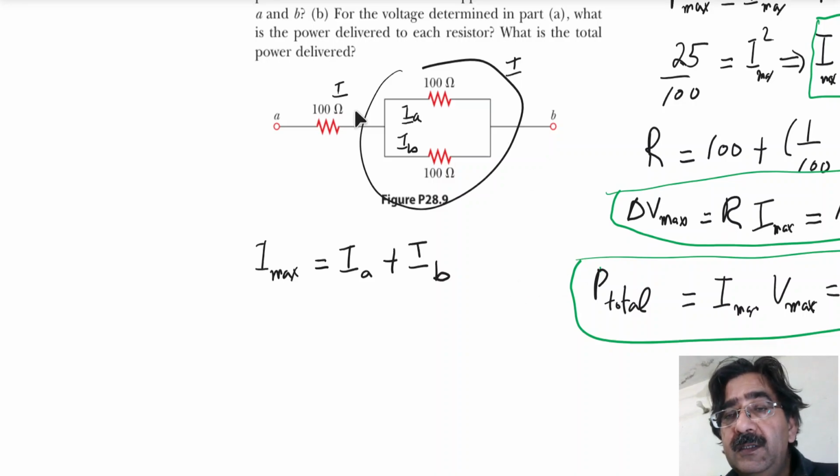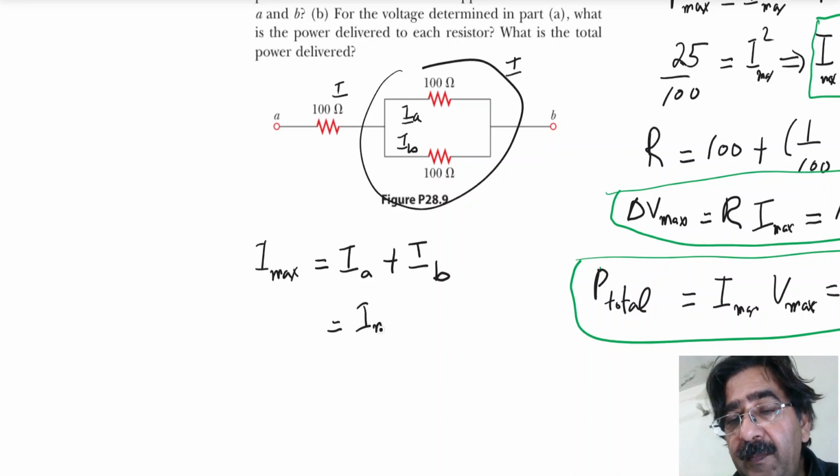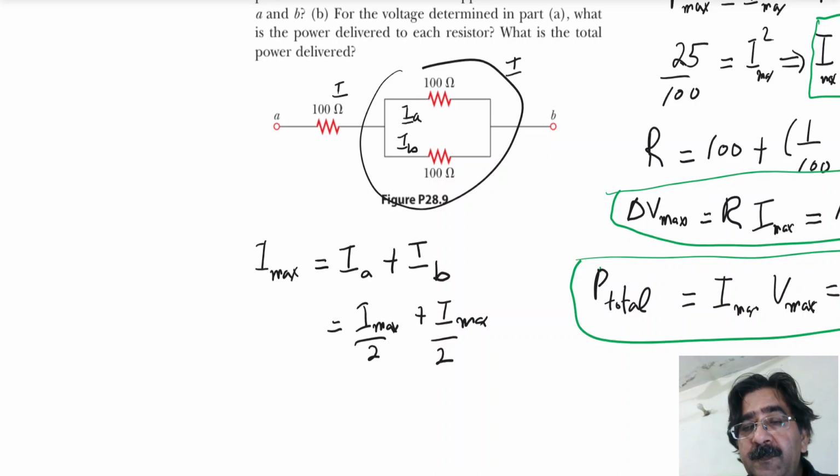Because the resistances are the same, the current is divided equally in two parts, so I max is half plus half.